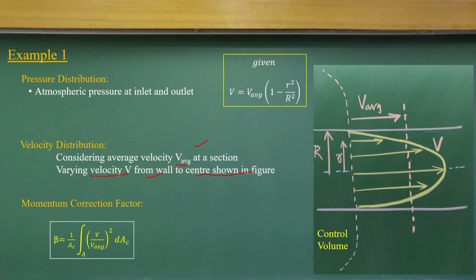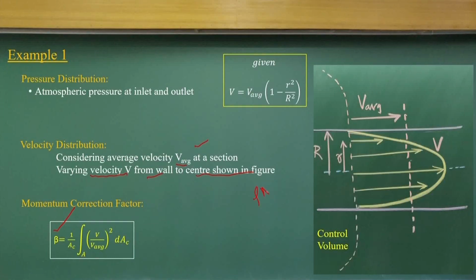What is that? We need to compute the momentum flux using the velocity distribution, and divide it by the momentum flux when V equals V average. The ratio between these two terms gives the momentum flux correction factor, if you remember the definition. So what is the momentum flux?